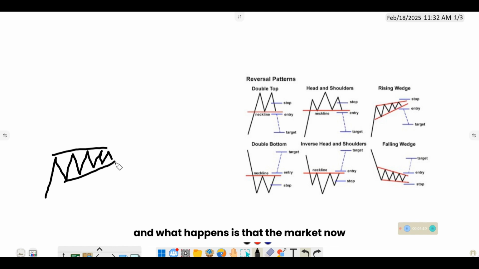Then the market starts breaking the last low and selling. We call that a rising wedge pattern. We want to enter at this area and sell all the way down to this area.